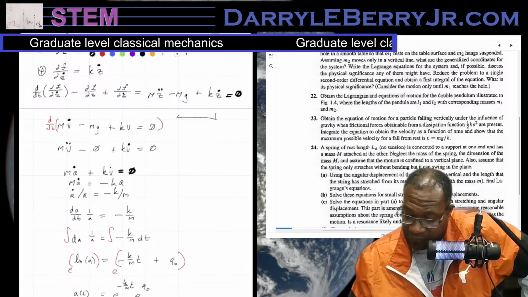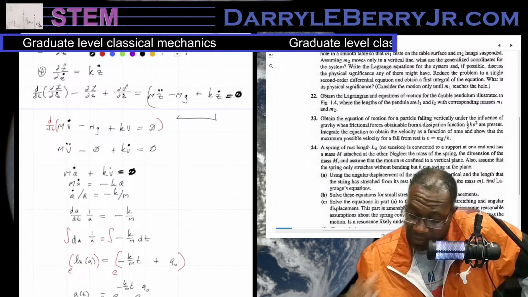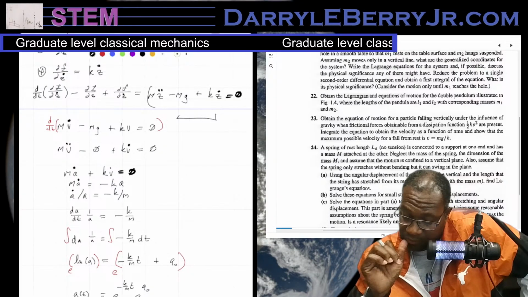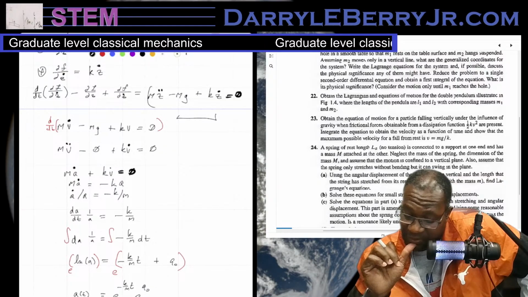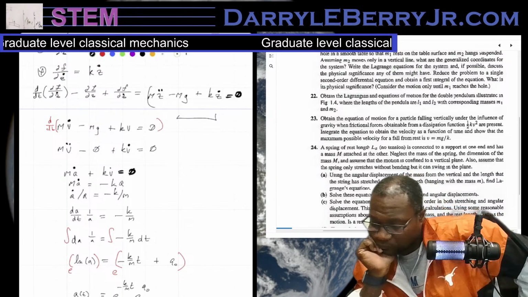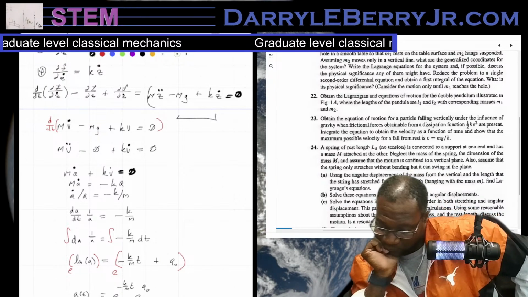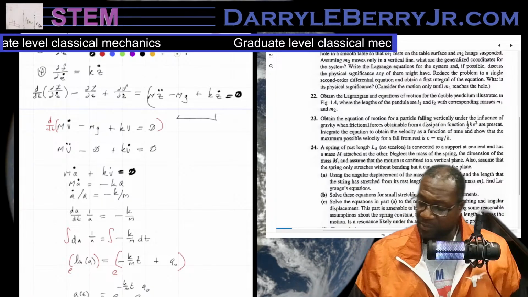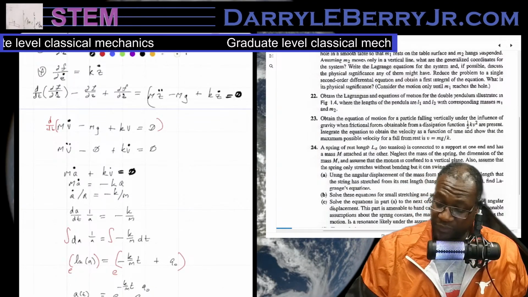I think in the past I would have solved for z double dot right there, maybe had a whole bunch of complicated terms. Take a look real fast and see how much different it'll look.